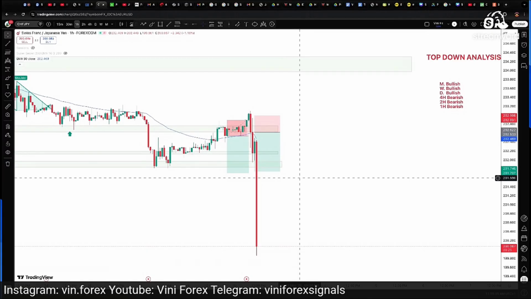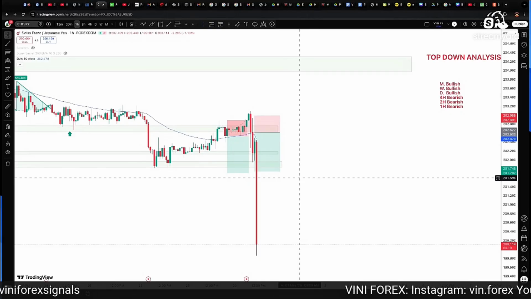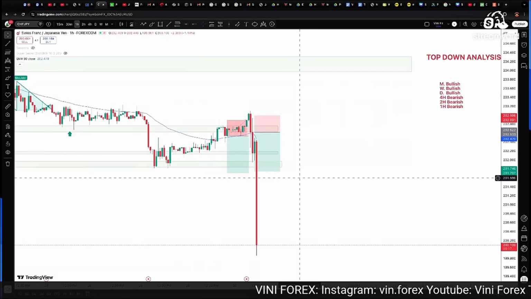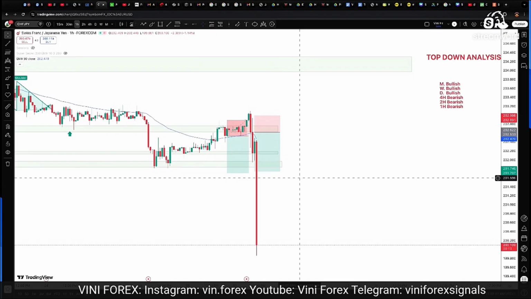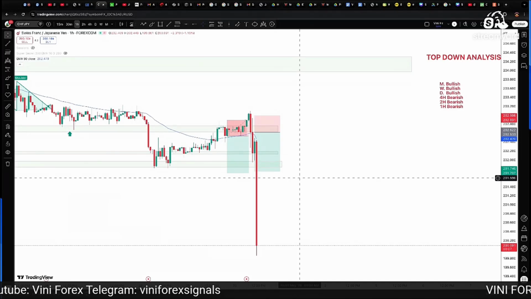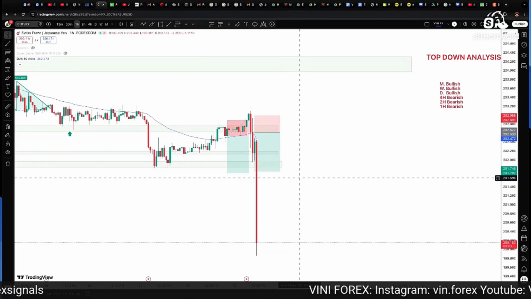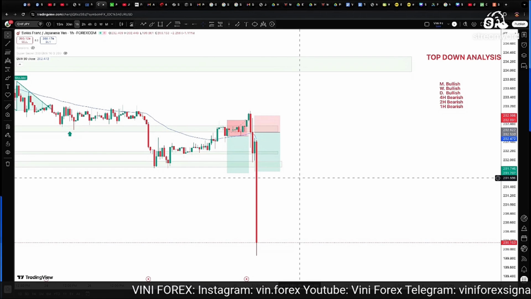Not that the person is not correct on what they are seeing on the chart. The person is correct, but entered too early, and that made them lose money, even though the same market will still give so much profit. Sometimes it happens. You have to allow the market to do its thing, let the market act, and then you react.